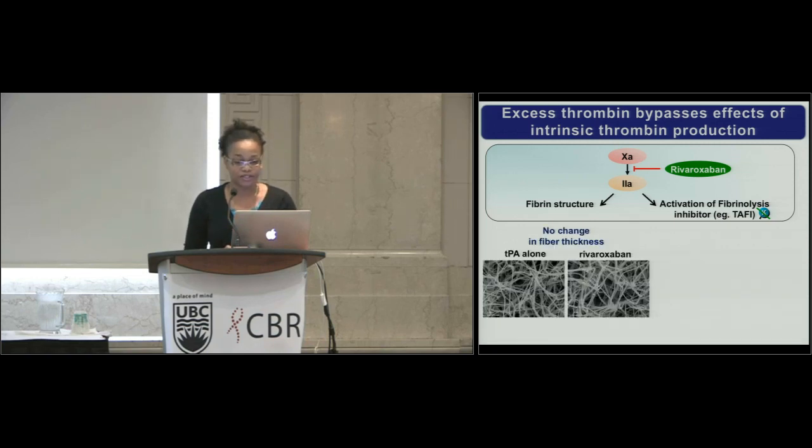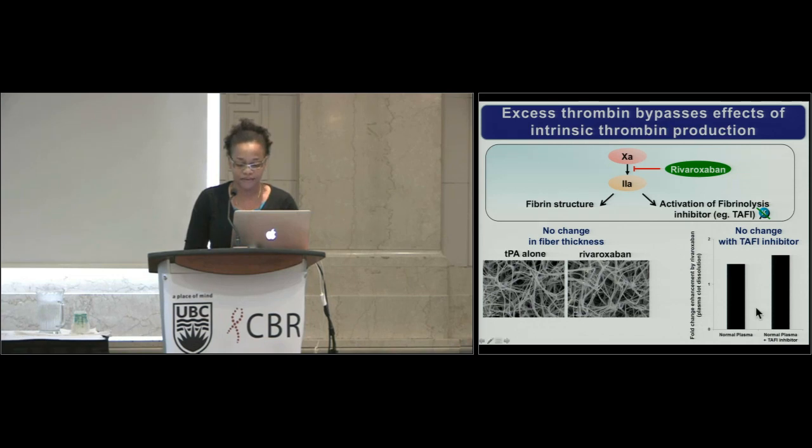I also looked at clot structure, measuring the fiber diameter. There seems to be no significant difference between the two. I also looked at the fold enhancement by rivaroxaban in the absence and presence of a TAFI inhibitor, and the fold enhancement seems to be comparable, suggesting that coagulation was well controlled.